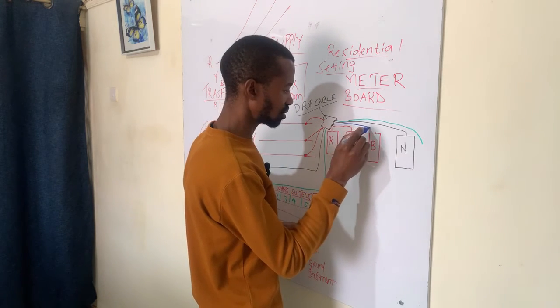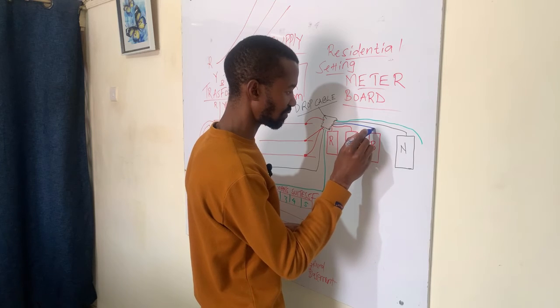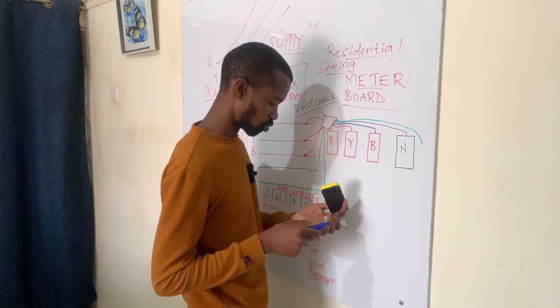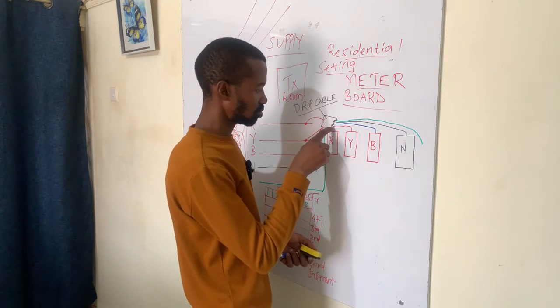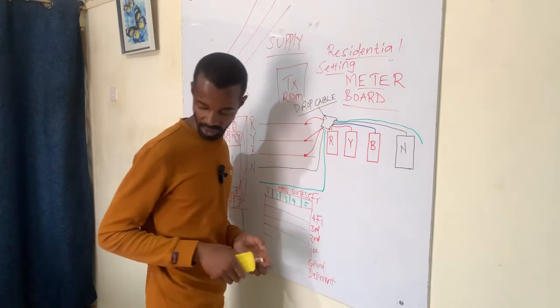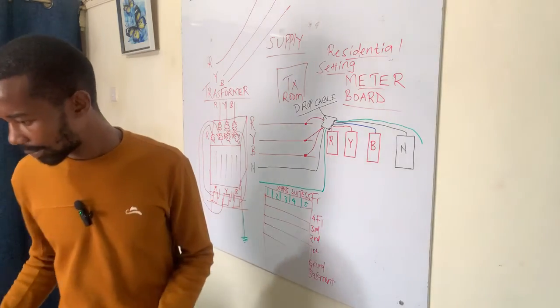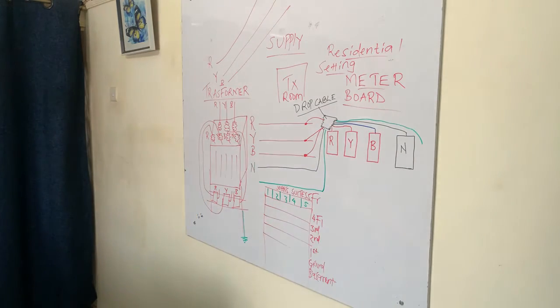Now, as an electrical technician, there is another aspect that we refer to as color coding. Very important. How I wish I had a yellow marker here. I've been trying to look for a yellow marker, but to my disappointment. So we have the blue there.